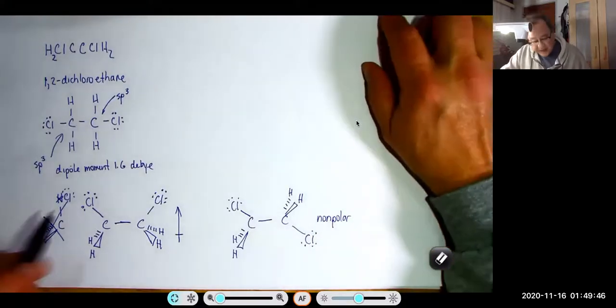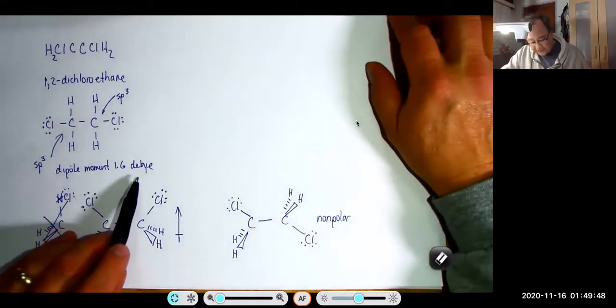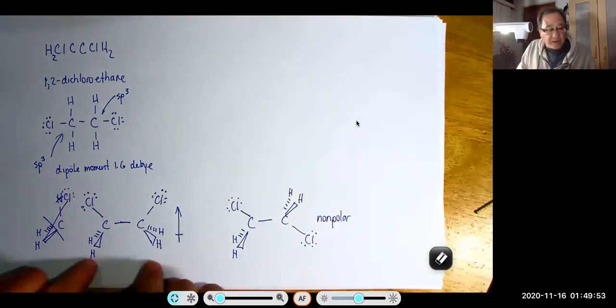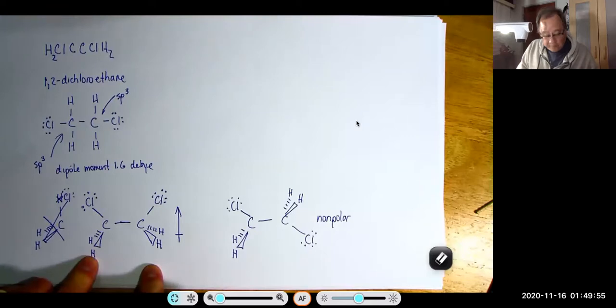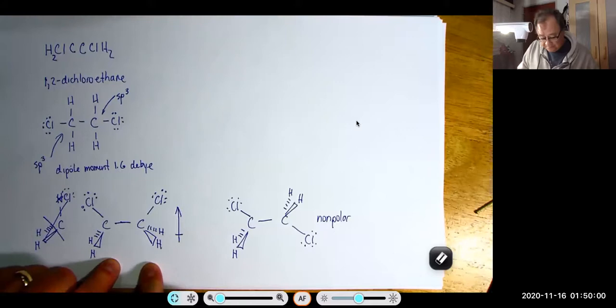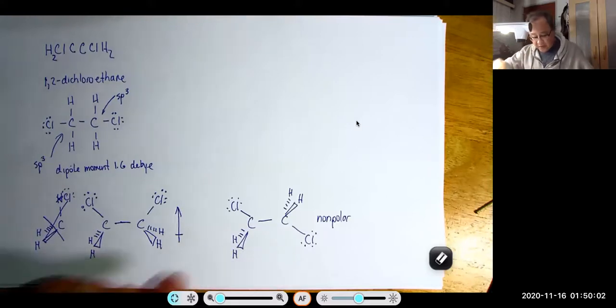So if this does have a dipole moment of 1.6 debye, that means when I put this into an electric field, it adopts this formation. Or it could be that this is the only formation that it has, right? And this doesn't exist.